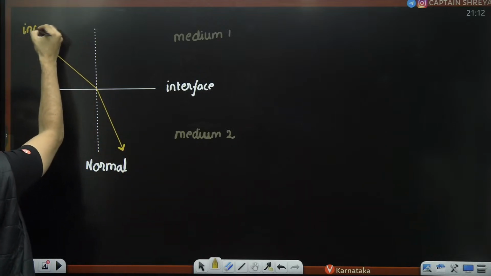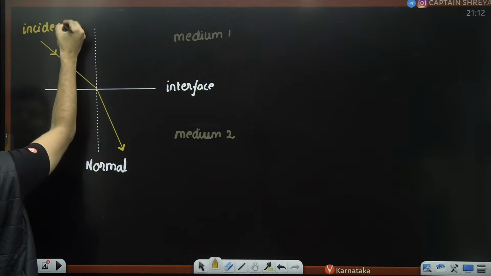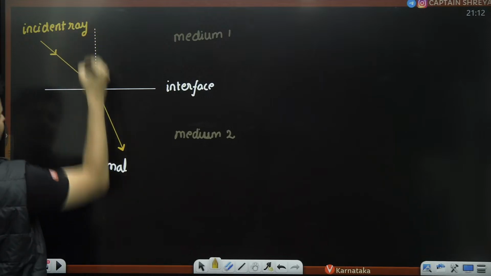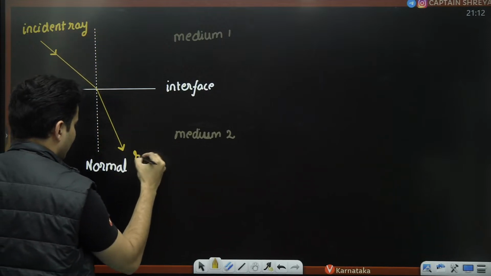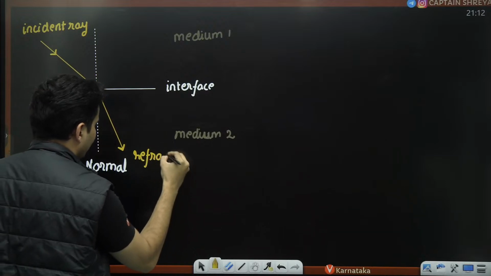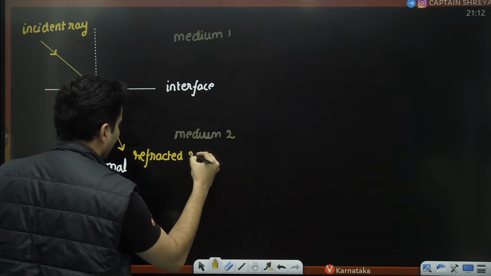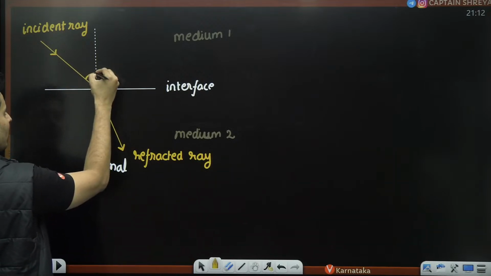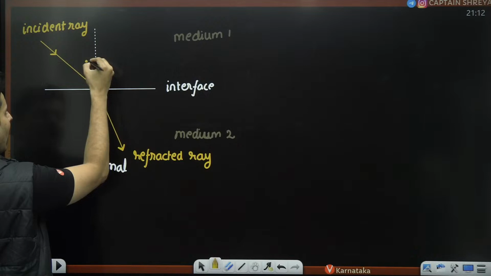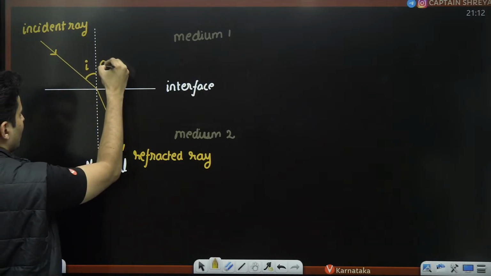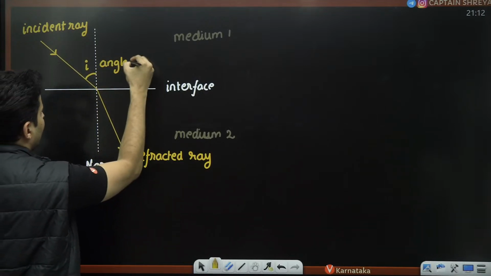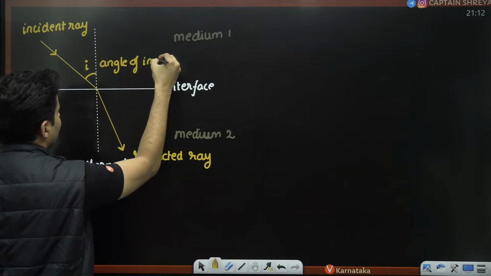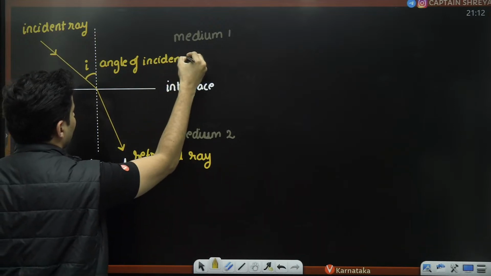This is called the incident ray. This ray is then called the refracted ray. The angles are always measured with the normal. This angle is called the angle of incidence.